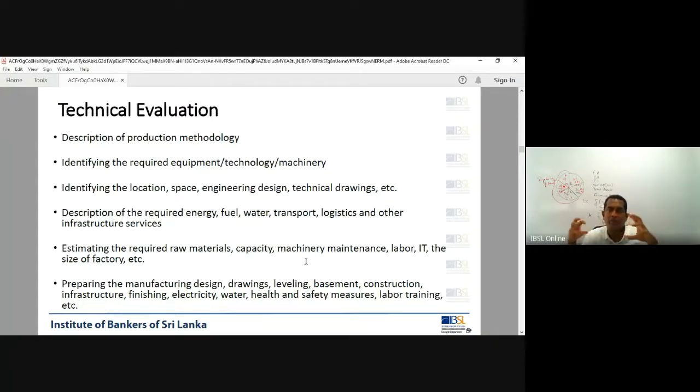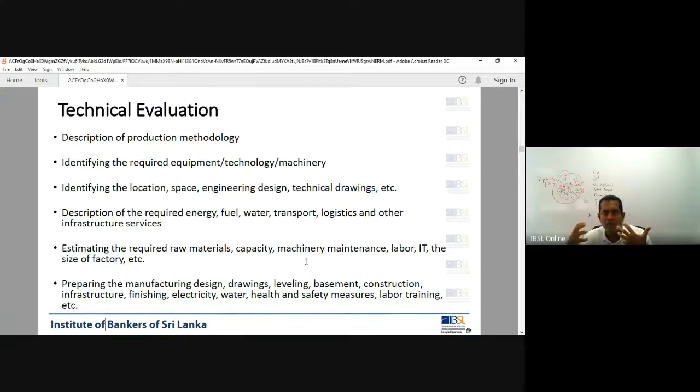This is the infrastructure. Do we have the power line? Are we getting it from the main grid? Or from a generator? Or main grid with a backup? Or are we using renewable energy, solar? So we have to identify what is the source and what is the volume or the capacity we need.